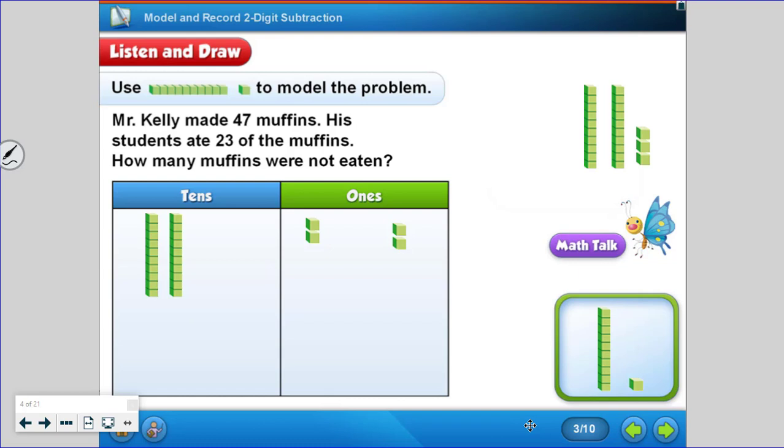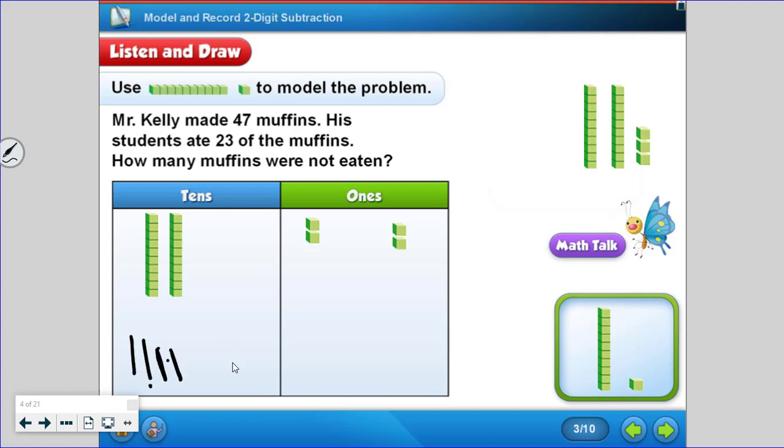So now we modeled it with our base 10 blocks. Now we're going to draw it with a quick picture. We're going to draw what we started with, which was 47. 10, 20, 30, 40.